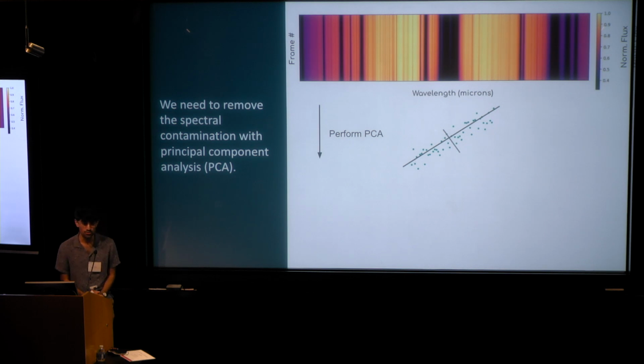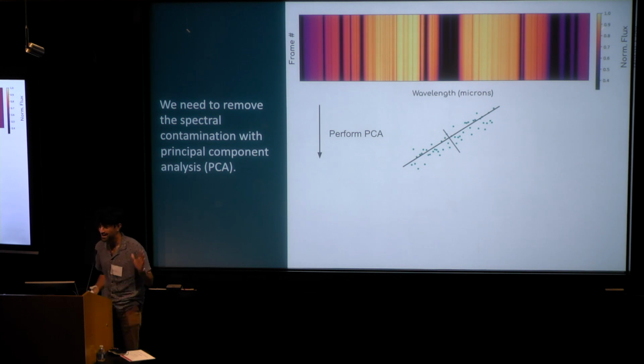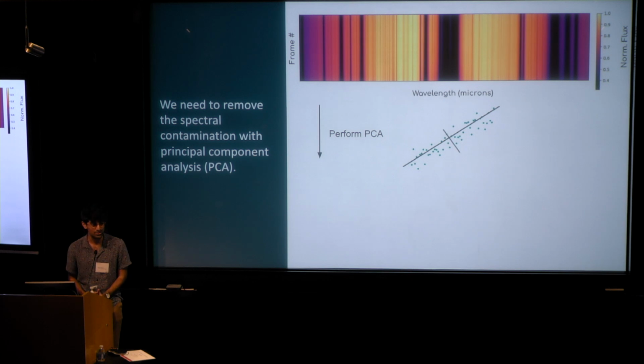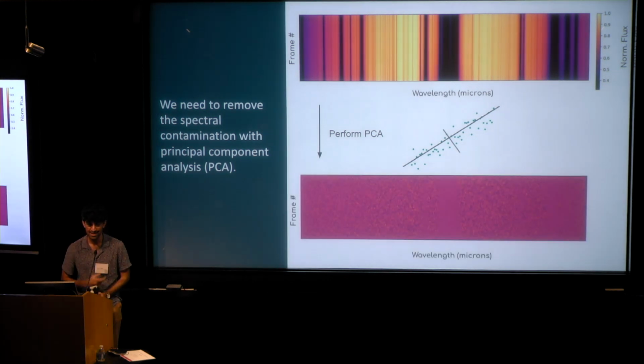So PCA is going to identify these regions, these components that have very strong spectral variance. And once it identifies that, we can basically divide it out. So this sounds great, right? We're going to divide out the star, we're going to divide out the tellurics, and everything's going to be great. We're going to have a beautiful planetary spectrum just like before.